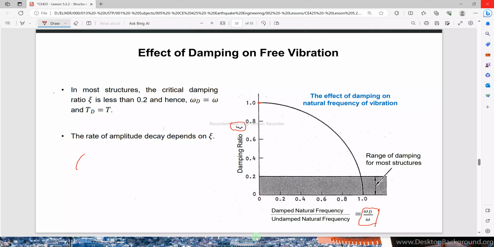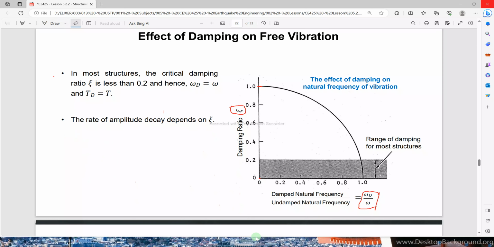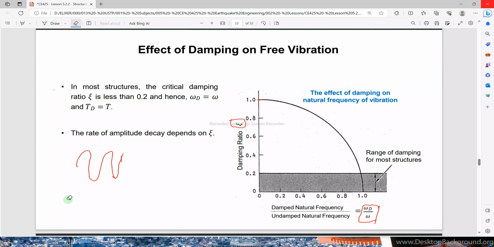This means the damping coefficient C over the critical damping is almost equal. Since they are almost equal, the moment there is an applied force on the structure, or in its free vibration, there is almost no frequency.